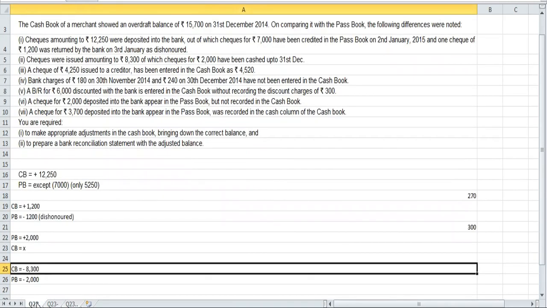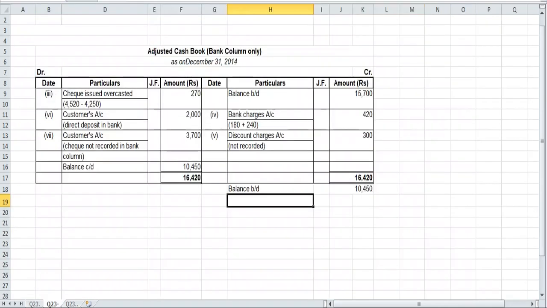So we have entered in the bank reconciliation statement where we have not at all entered in the passbook, and what we have entered in the adjusted cash book, we have entered in the bank, or any error, but we have not entered in the cash book.